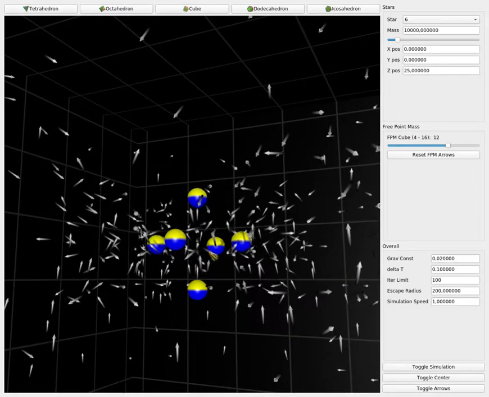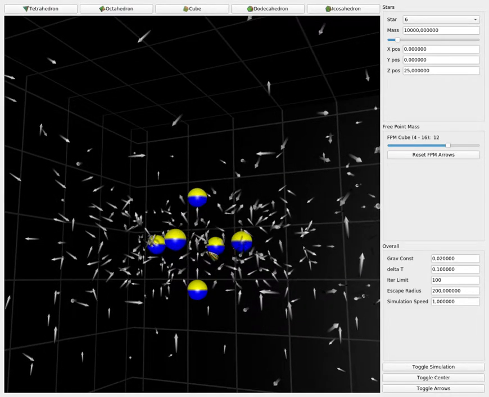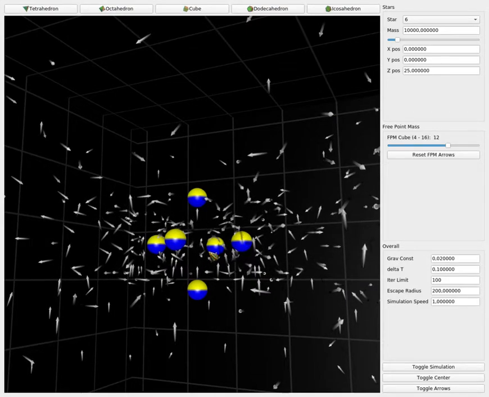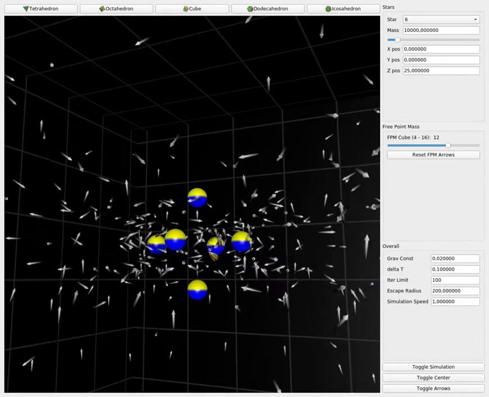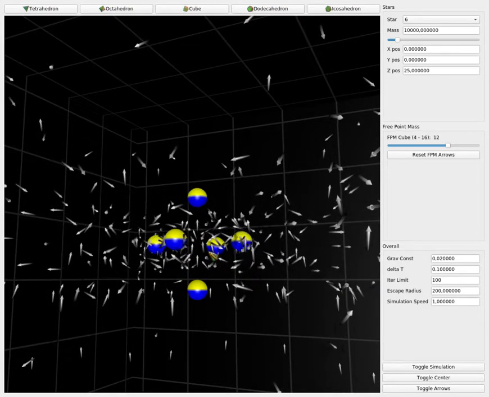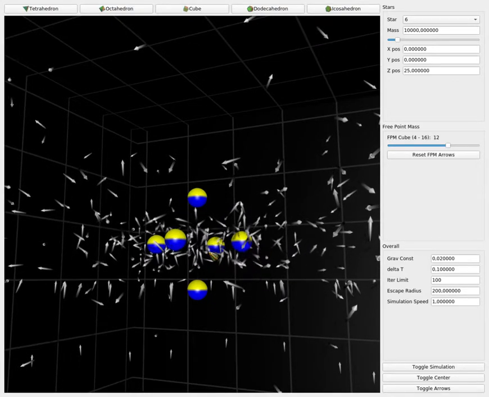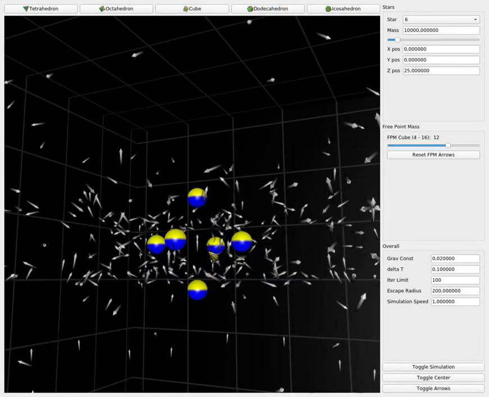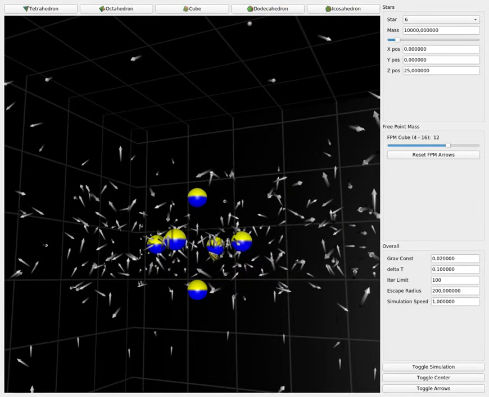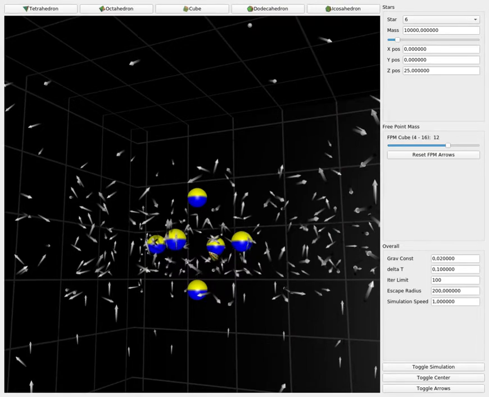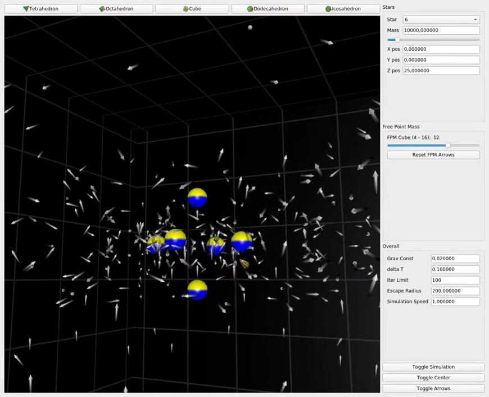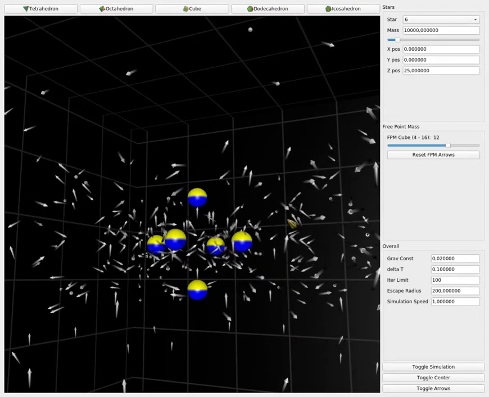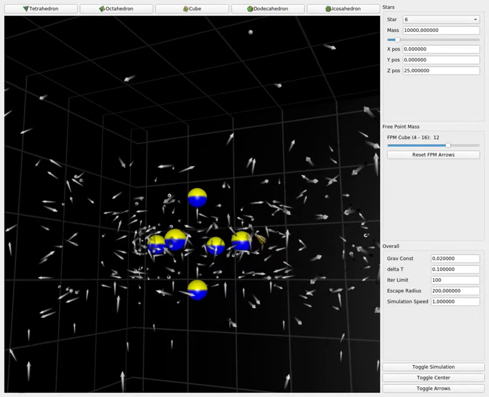So any free point mass getting that close to the singularity will, just from going from one jump to the next, pick up so much momentum and speed. Like I said, this isn't supposed to mirror physics exactly. It'll pick up so much momentum and speed that it'll just be ejected from the entire system. And those are the ones you see flying off at high velocity.